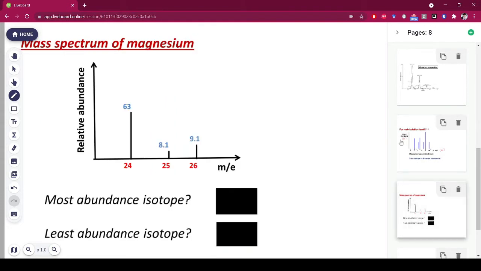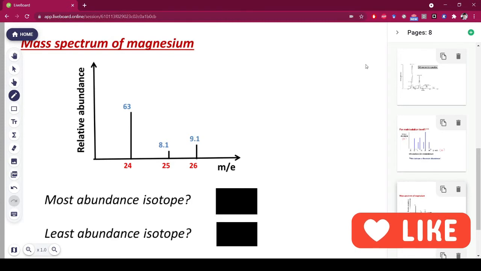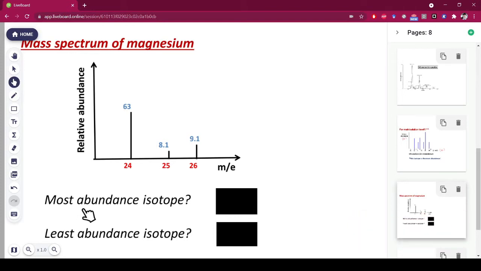And by using that piece of information, we should be able to interpret certain types of information. For example, right here, the question wants you to find out what is the most abundant isotope. You have magnesium, okay? Magnesium exists in 3 types of isotopes on this earth. We have magnesium 24, magnesium 25, and magnesium 26.